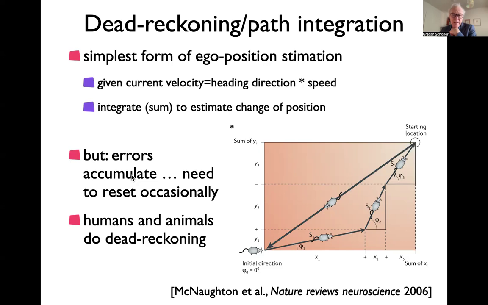And this need to periodically reset sets up the whole problem of SLAM that we'll get to, or using a map. There's ample evidence that humans and animals do that. Some animals do it much better than humans. I might have mentioned the example of the desert ant.